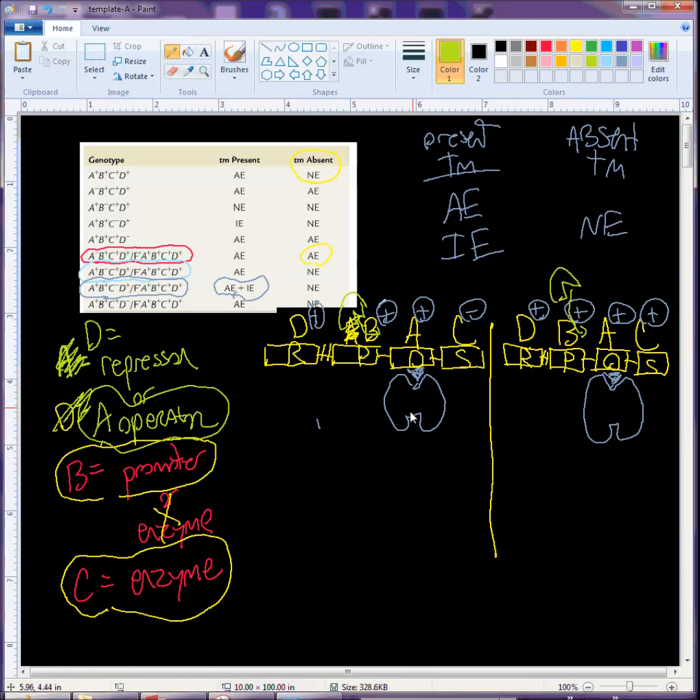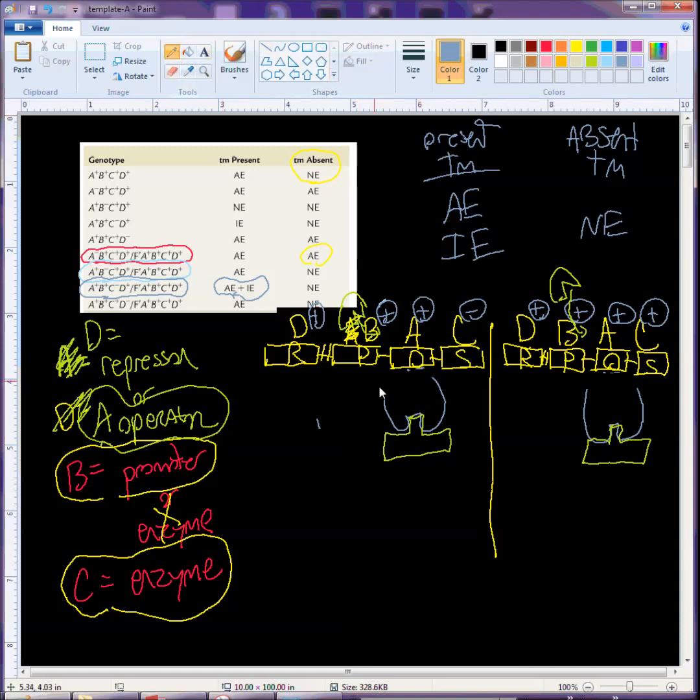Okay, so now what we're going to do is consider this case when the theoretical molecule is present. It's binding to the repressors in the cell, and the repressors are undergoing that allosteric shift, and now they can no longer bind to the operators. I can erase those here.